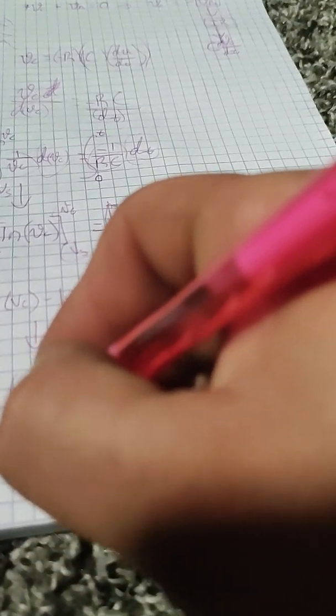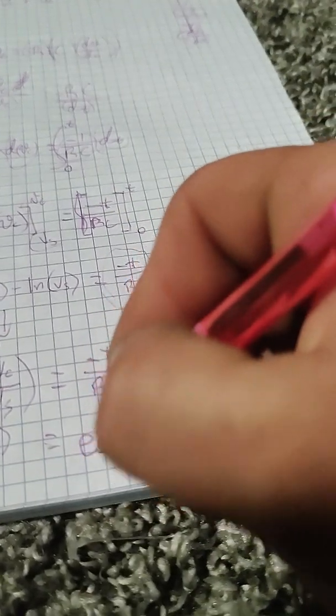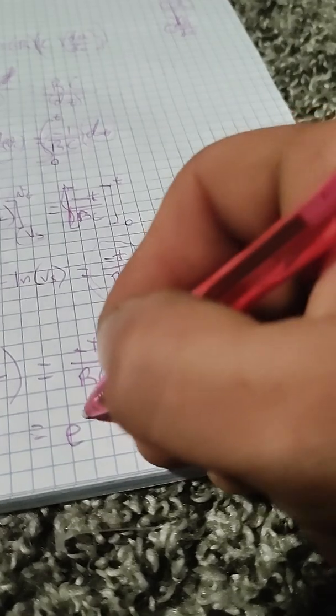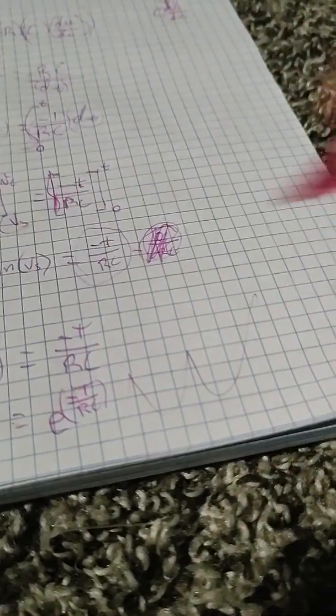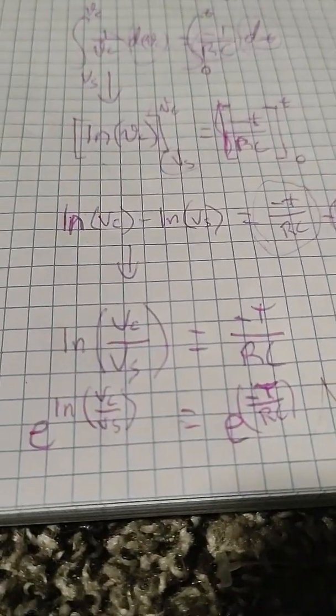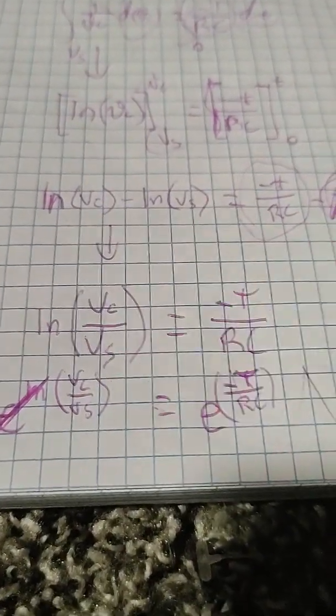So e to the natural log of VC over VS is equal to e to the negative T over RC. Okay? E to the natural log cancels. And you're left with VC over VS.